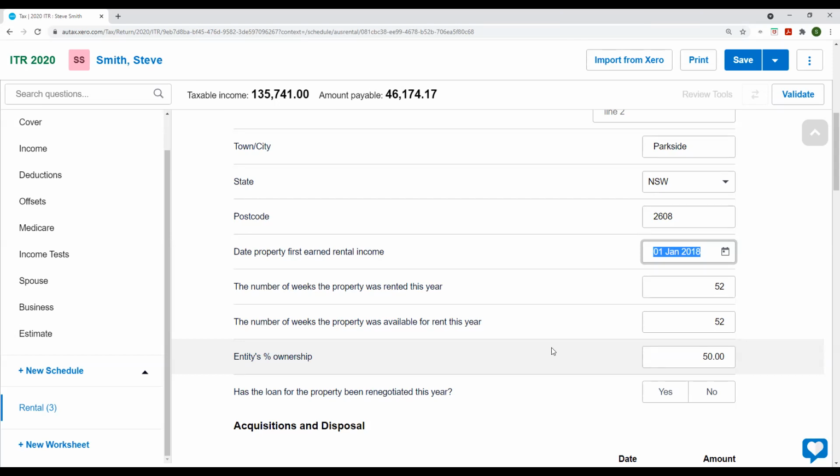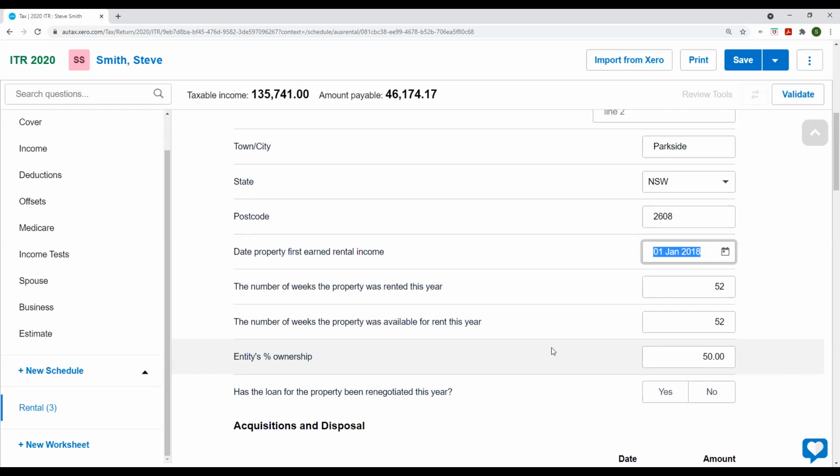From 1st of July 2017 to January 2018, he did some repairs and improvements, and the tenant only moved in on 1st of January 2018.